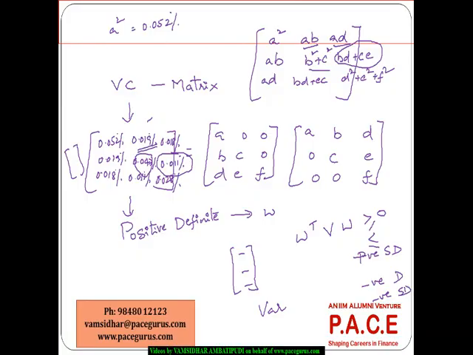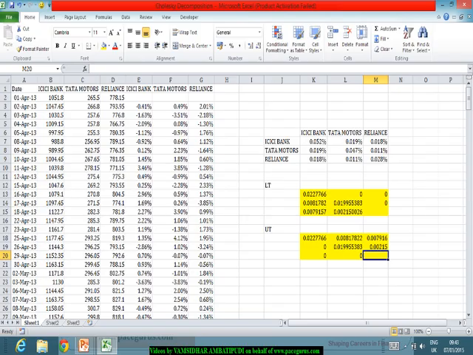Now only one variable remains: D squared, E squared, F squared. So from here I can subtract the D squared as well as the E squared.